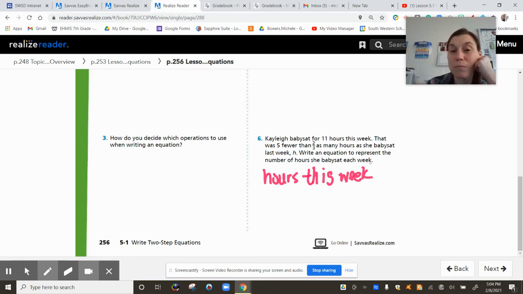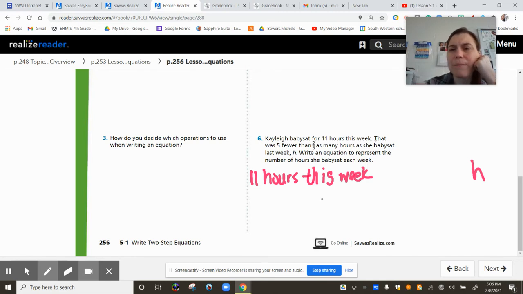And I know that she babysat for H, so I don't know the number, but they're using H to represent the number of hours she babysat last week. I know that these two things are not equal. I know that H is not 11, that something happened in between that made her adjust the amount.